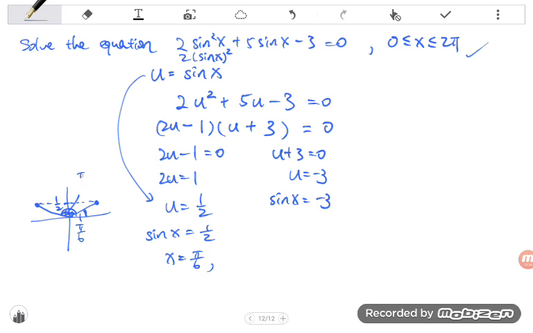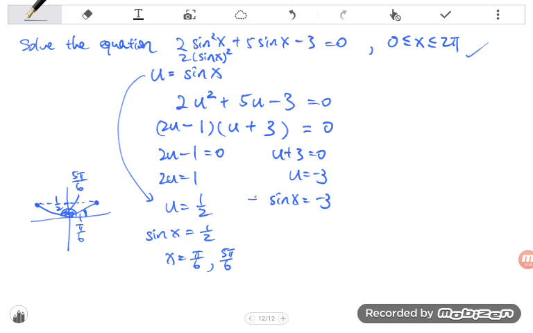That will be 5 pi over 6. If you use your unit circle, I hope not, but if you have to, you can take your unit circle out. Hopefully you understand how I got this 5 pi over 6 without using the unit circle. So this is 5 pi over 6, and that's it.